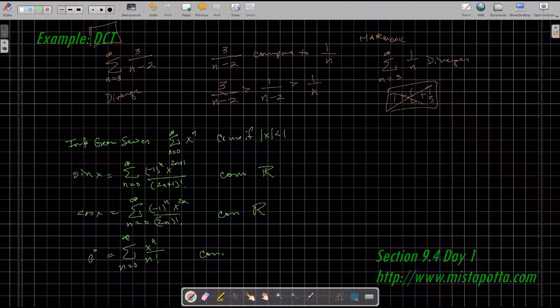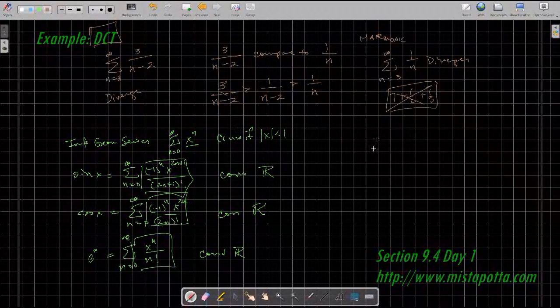And this converges for all reals. So I could compare, and if my terms are always less than this, or less than this, or less than this, or less than this, then my series must also converge. So these are the 4 convergent series that we've talked about so far.